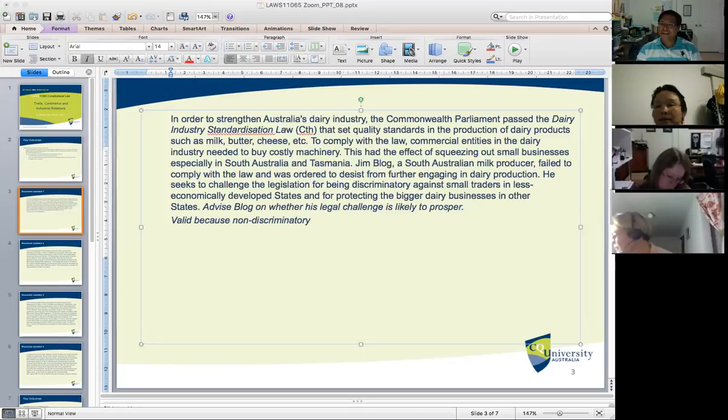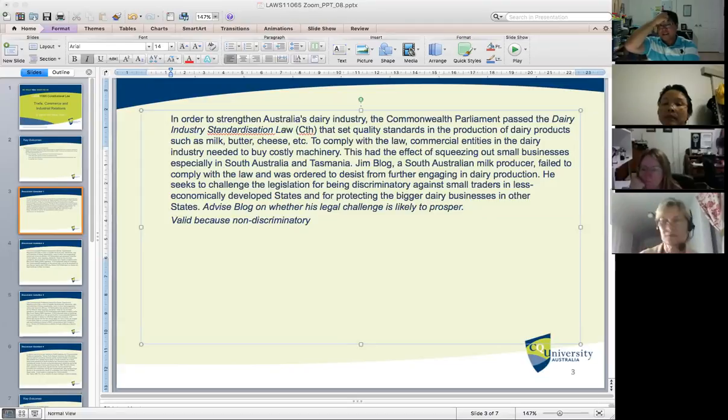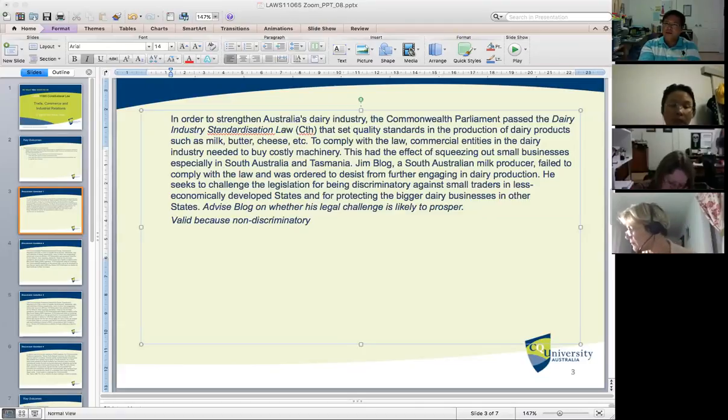Very good, B. So we got that. So it's not sufficient for a law to be invalidated simply because it discriminates. Either it discriminates against small traders or it discriminates against states. If we follow the wording of the case of Cole versus Whitfield, it must be relevantly discriminatory or discriminatory of the protectionist kind.